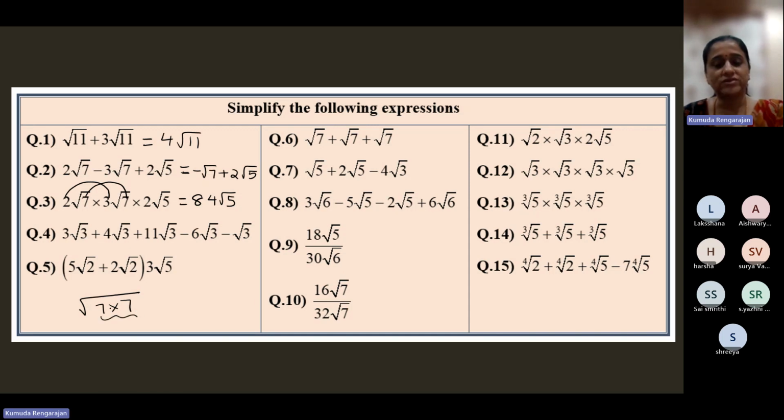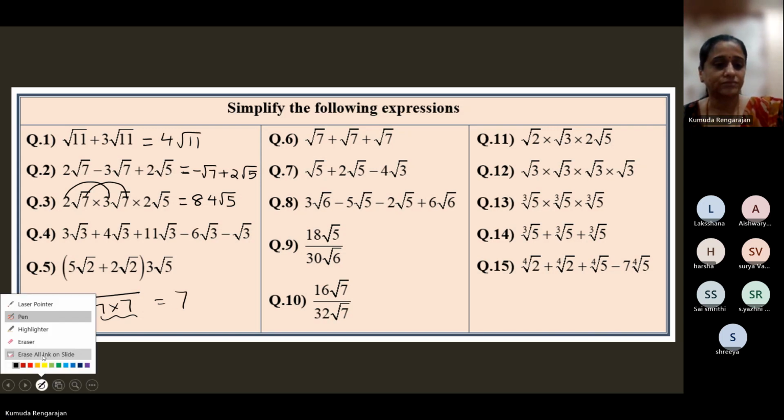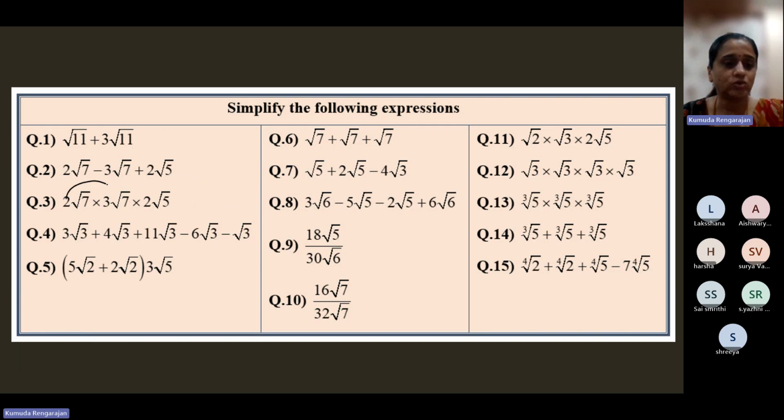So from 2 sevens, 1 seven comes out of the square root. So root 7 into root 7 is 7. Now 6 7s are 42, 42 into 2, 84. 84 and root 5 you cannot multiply. 84 into root 5 is 84 root 5. Correct.